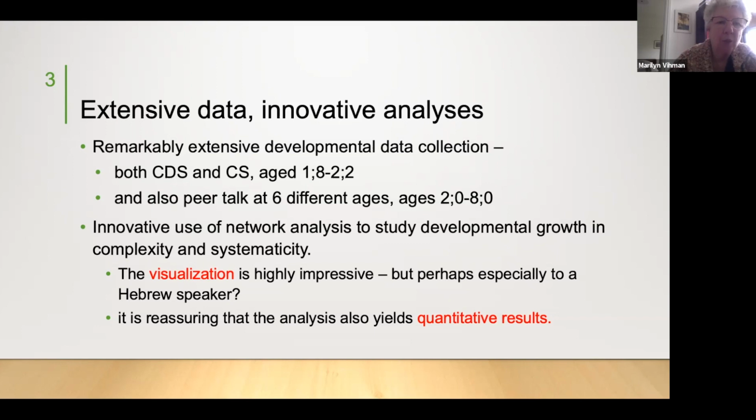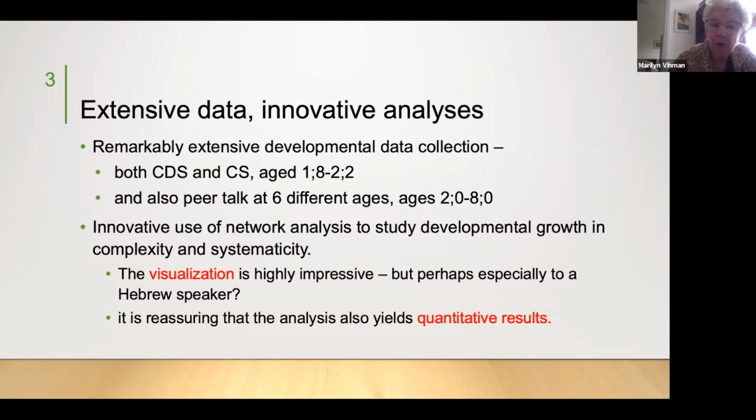So in particular, what's been referred to in these talks, so there are a lot of papers referring to these data as well now, child-directed speech and child speech for children aged 1 year 8 months to 2 years 2 months, and also peer talk at 6 different ages, covering the period from age 2 to age 8. So that is the database, and then we have the very innovative use of network analysis to study the developmental growth in both complexity and, I would say, systematicity over that period from basically not quite 2 to age 8.